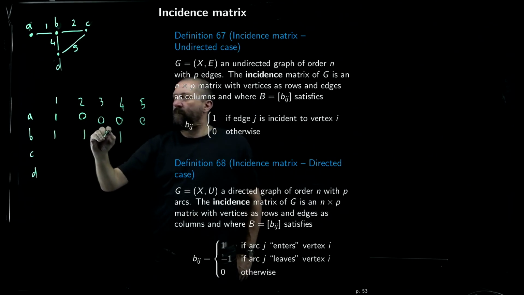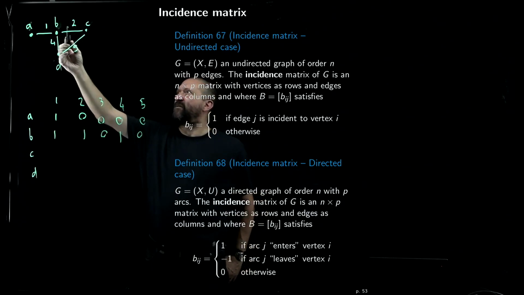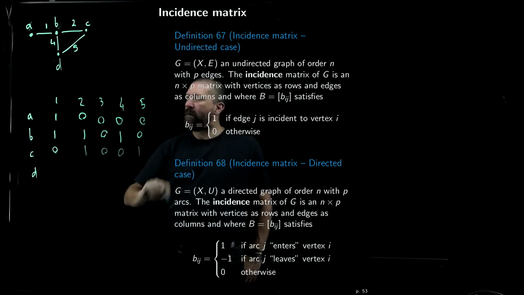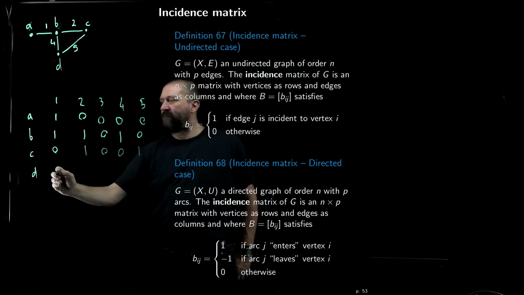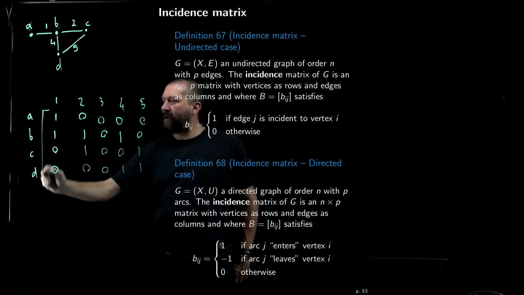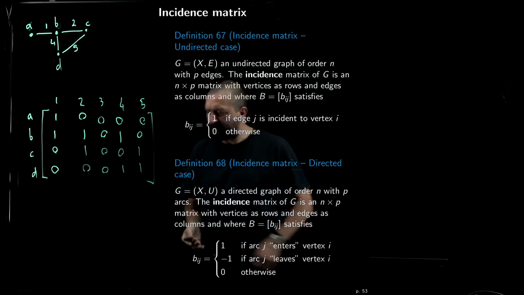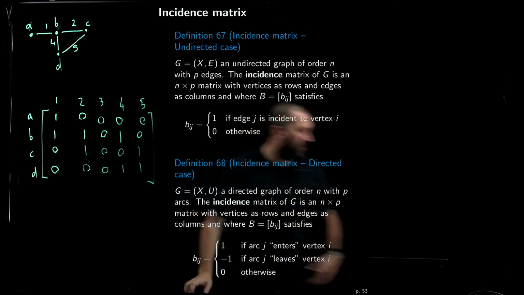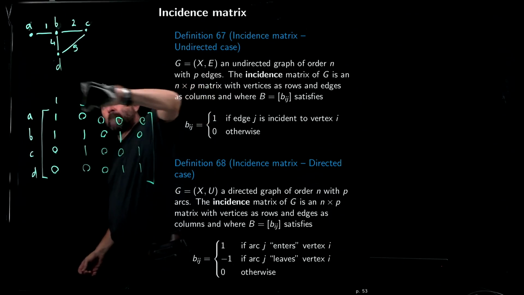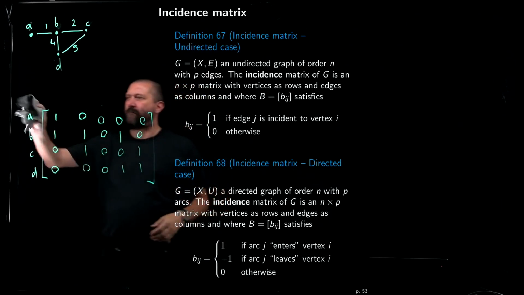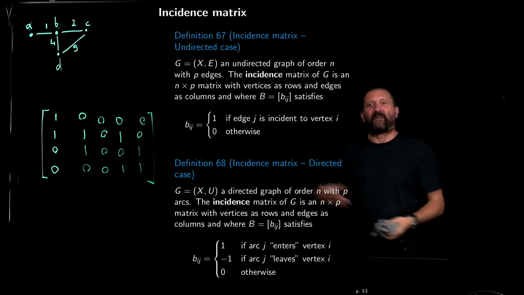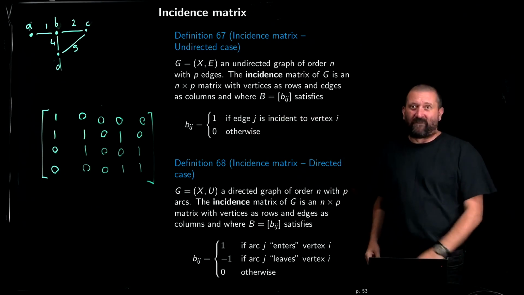And that's it. C is incident to 2 and 5. And D is incident to 4 and 5. So that's the incidence matrix for this graph.